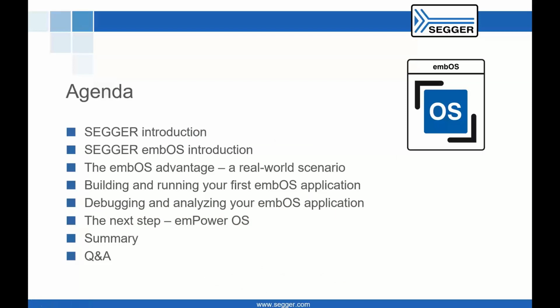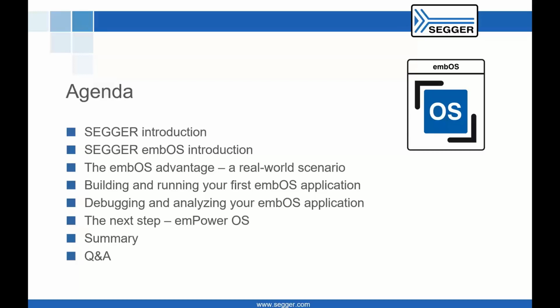All right, so this is the agenda for the next hour or so for this webinar. We'll start out with a quick introduction to SEGGER as a company and to our RTOS called embOS as a product. Then we'll do a real world scenario, an example where I can demonstrate one of the main advantages that embOS offers you.